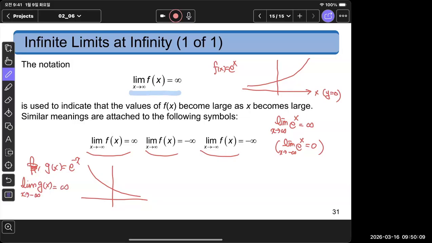Of course, as x approaches infinity, g of x will be approaching the value 0. But anyway, we have this situation. So that's what this symbol implies. And you may consider some similar situations corresponding to these symbols. So that's what we mean by these notations.